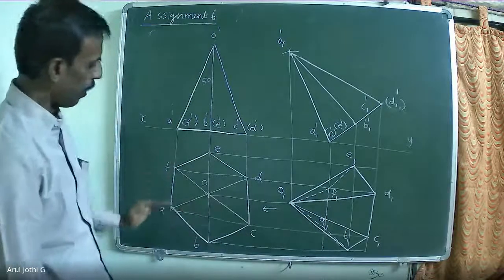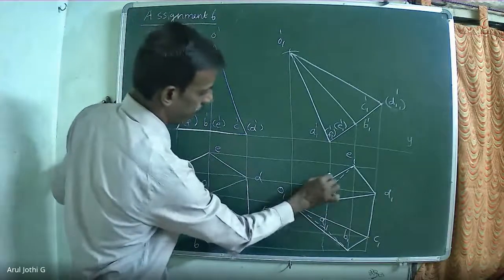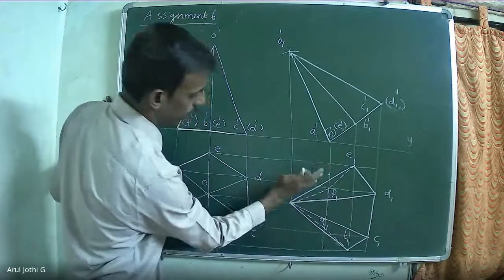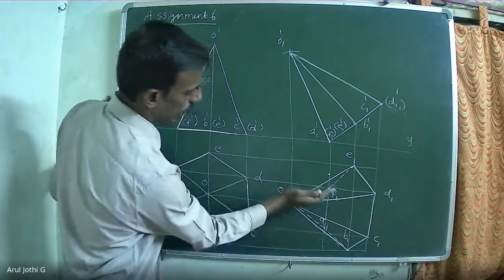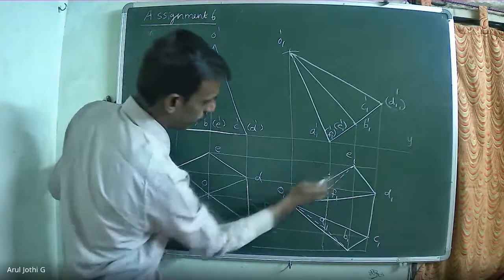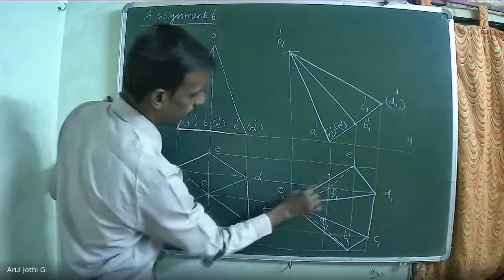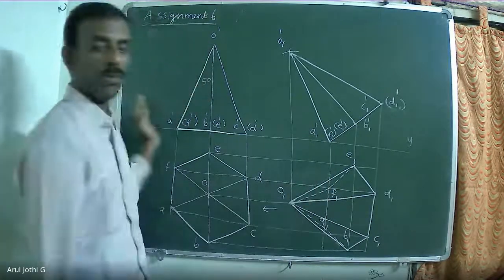Suppose for the same diagram F is available outside the boundary line: this invisible slant line FO, if it is available outside this boundary line, you should not draw the dotted line here. If it is available outside, that will be visible.